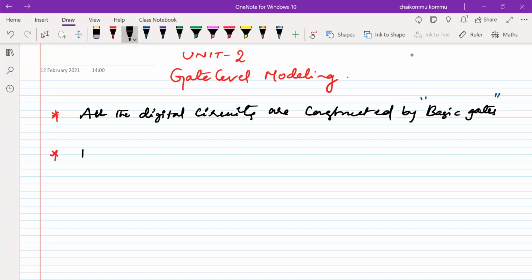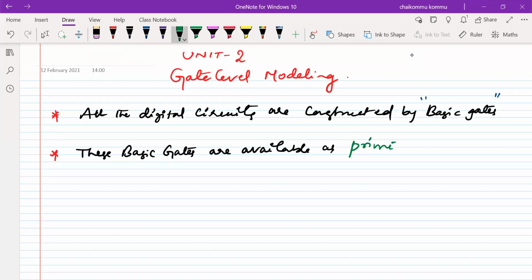Basic gates are available as primitives in Verilog.